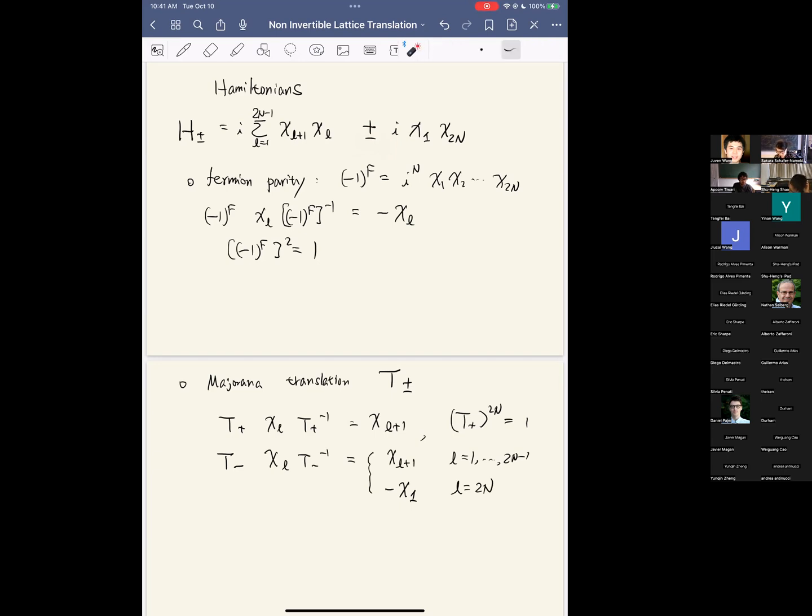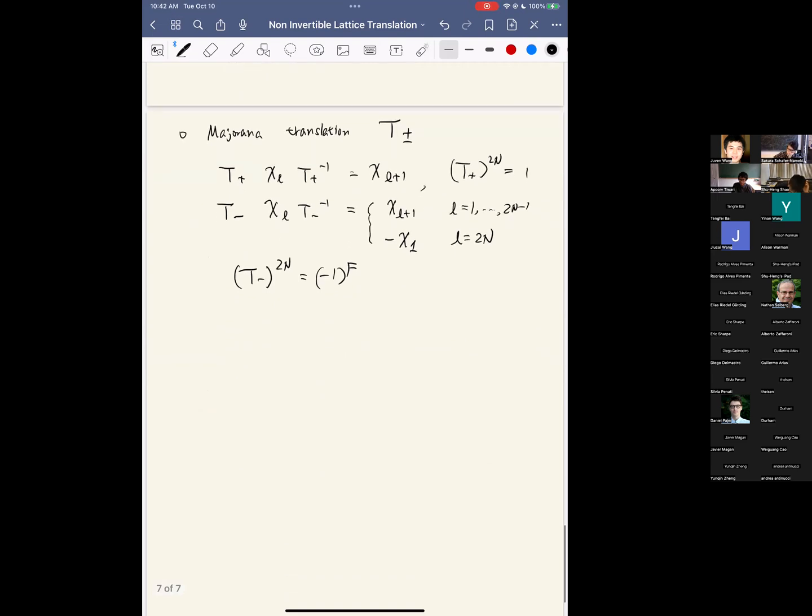It's very easy to show that this H minus Hamiltonian is invariant under this lattice translation symmetry. And if you raise T minus to the 2n-th power, it gives you the fermion parity. Okay, simple enough. So these are two models of fermions that we're going to consider, and the symmetries are the fermion parity and the lattice translation.